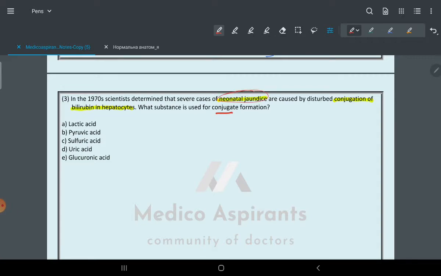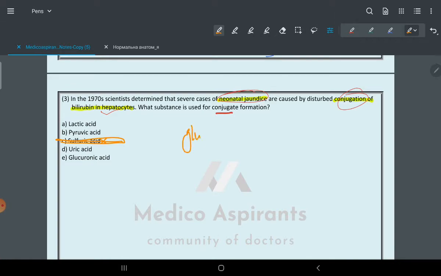Neonatal jaundice, conjugation, hepatocyte. Going through option elimination, lactic acid, pyruvic acid, sulfuric acid never form in the body, so you have to just remove this option. It is not going to be the answer at any cost. Okay, lactic acid, pyruvic acid, uric acid and glucuronic acid.